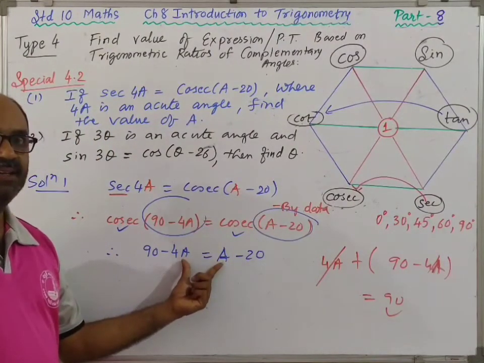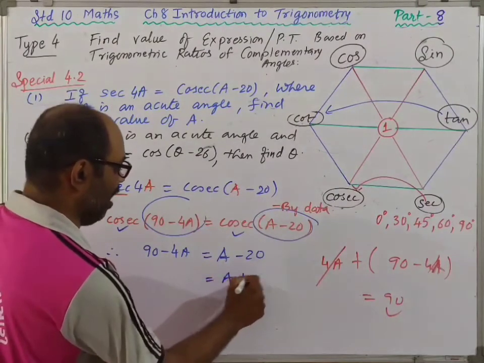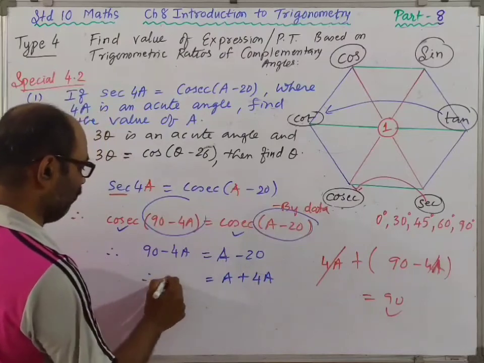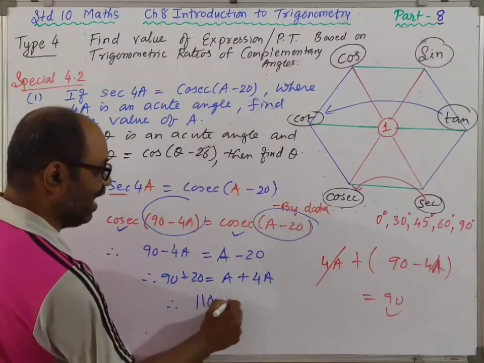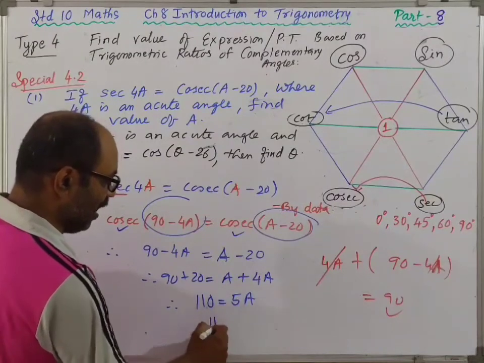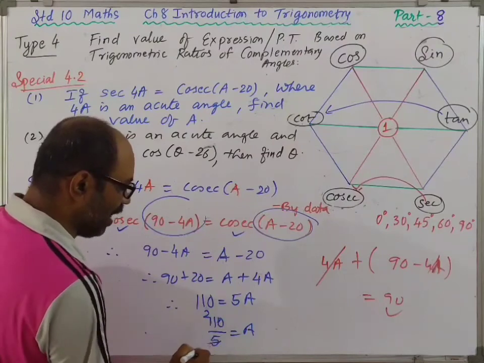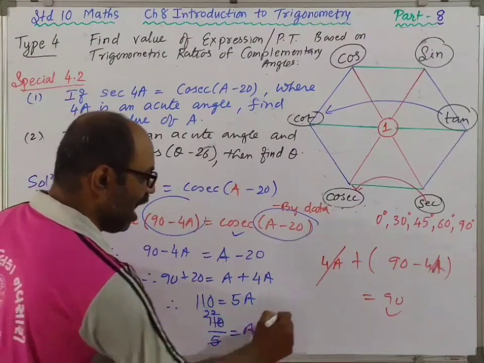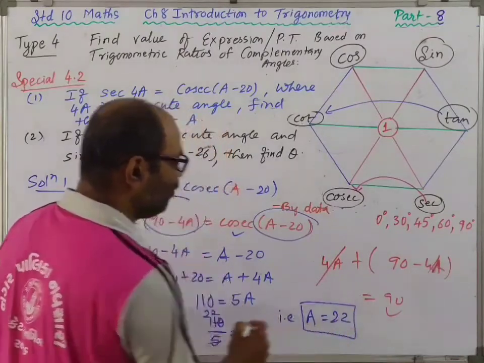Take a to one side. That is equal to a plus 4a. Therefore 90 plus 20, therefore 110 is 5a. So 110 divided by 5 is a. 5 twos are 10, 1 remains. 5 twos are 10, i.e. a is equal to 22.